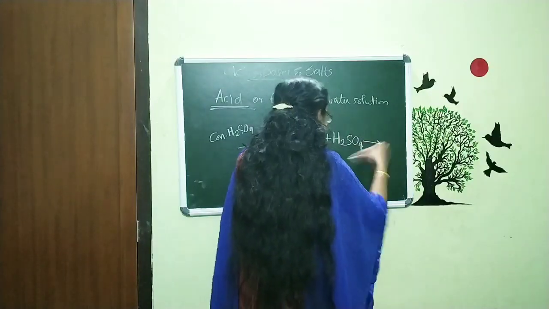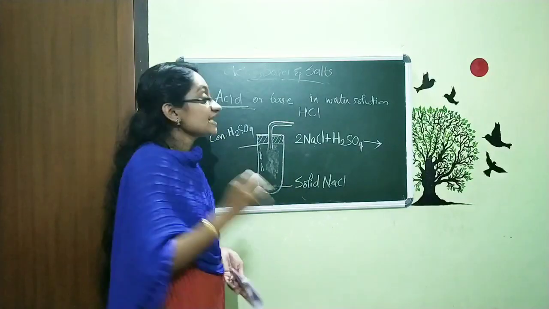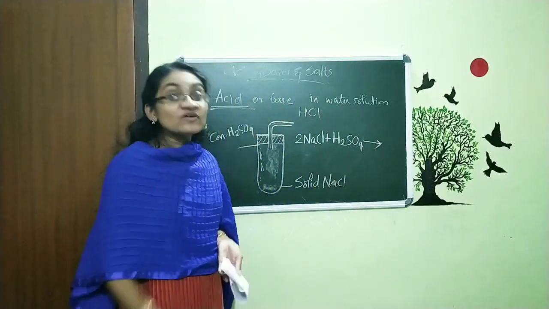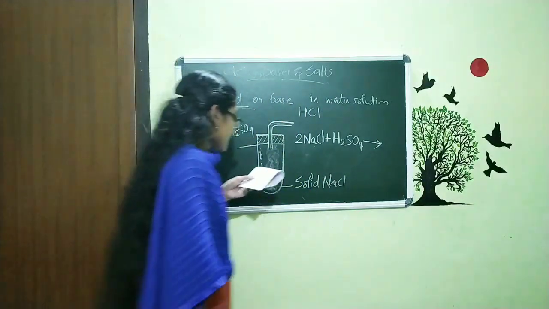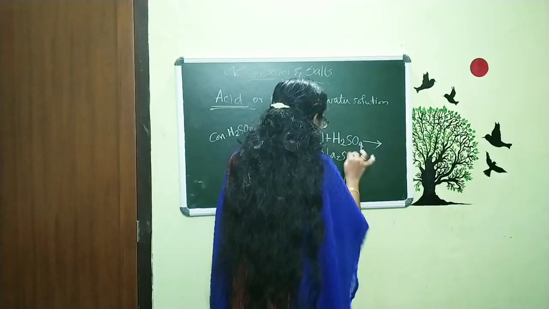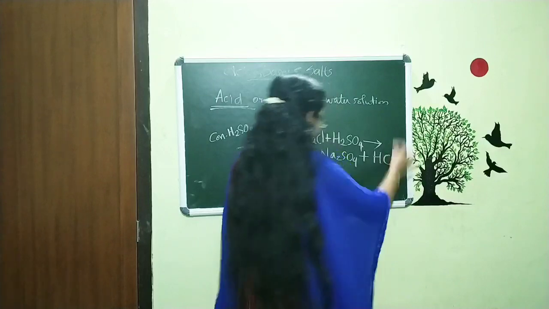When the sodium chloride is reacted with sulfuric acid, what is the product? We get the product as Na2SO4 plus HCl.